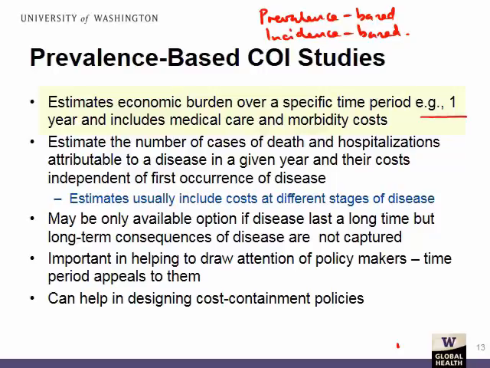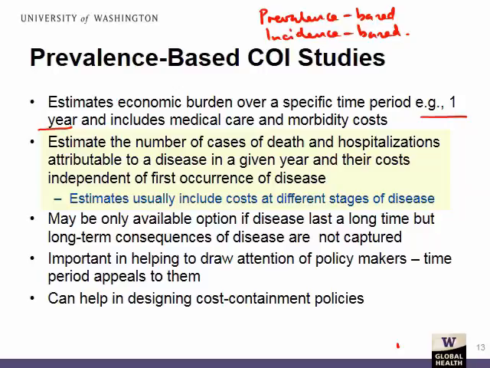Maybe it's just 1 year. And you include the medical care and mobility costs of the disease in that time period. And you can estimate the number of cases of death and hospitalization attributable to that disease in the given year, and then assign them the costs independent of the first occurrence of the disease. So it doesn't require you to estimate incidence.